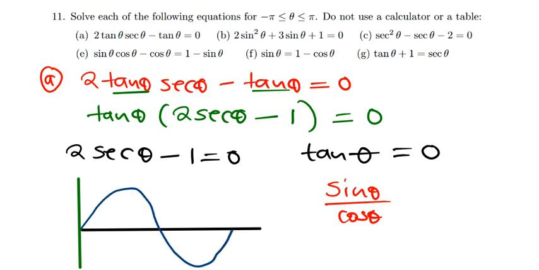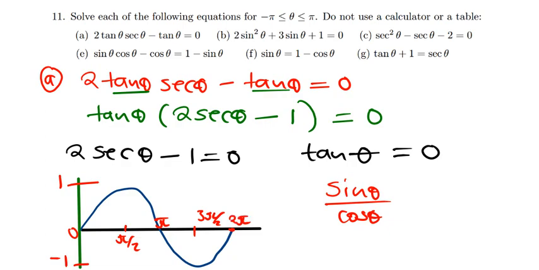The maximum point of a sine graph is 1, the minimum is negative 1. This occurs at 0, this occurs at pi over 2, that occurs at pi radians, that occurs at 3 pi over 2, and finally 0 at 2 pi there.